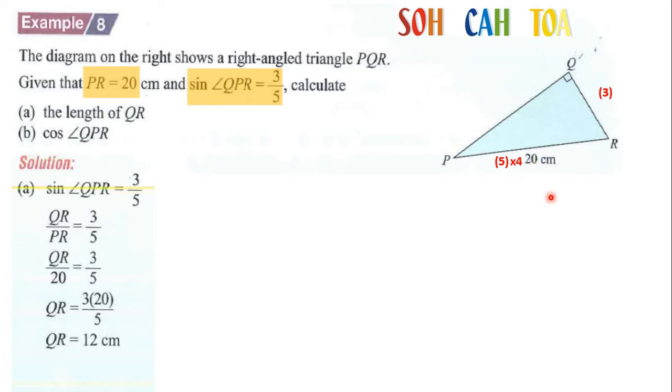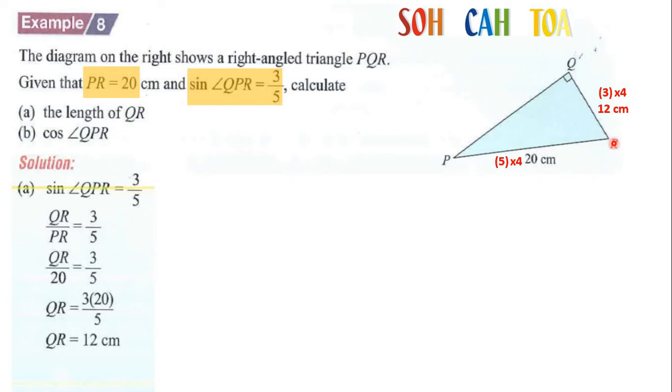Times 4. 5 multiplied by 4, you get 20. The same goes for QR. To get QR, you must multiply 3 by 4. Then you will get the length of QR, 12 centimeters. This is another way you can show your calculation.